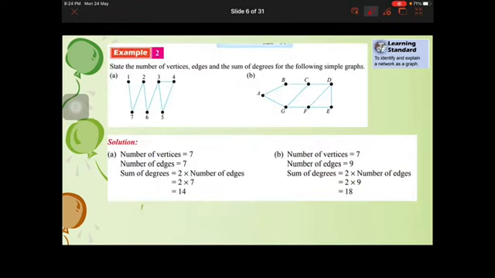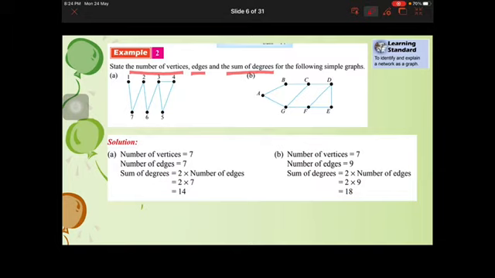Next, let's look at example 2. State the number of vertices, edges, and sum of degrees for the following simple graphs. Remember what is a simple graph? A simple graph has no loop and no multiple edges. So for question A, how many vertices are there?